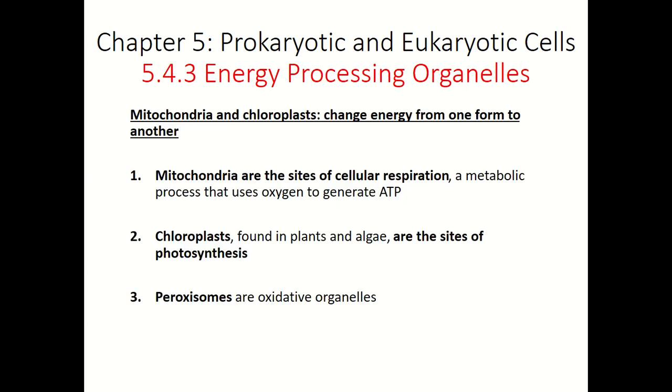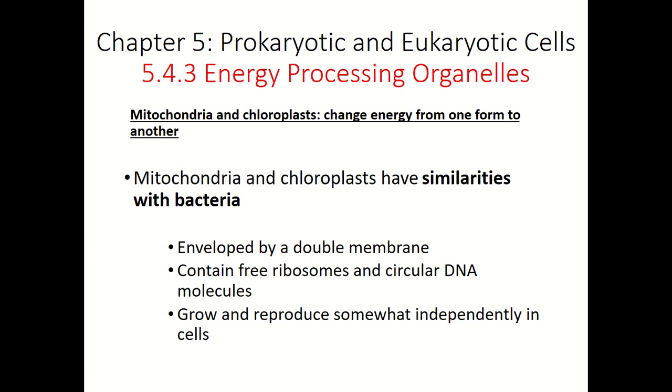Mitochondria is the place to change energy from one form to another, and the mitochondria are the site of cellular respiration, including the glycolysis process, the Krebs cycle, and also oxidative phosphorylation. Meanwhile, we have the chloroplast that is found in plants and algae as the site for photosynthesis. And then peroxisomes are oxidative organelles. So let's look at the structure and functions of these three energy processing organelles.